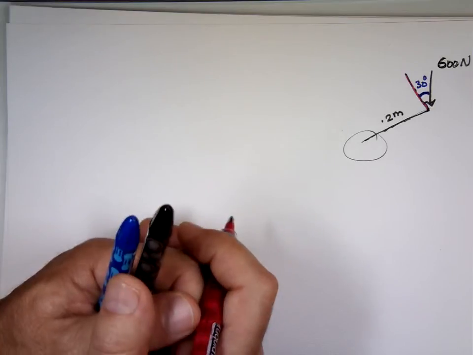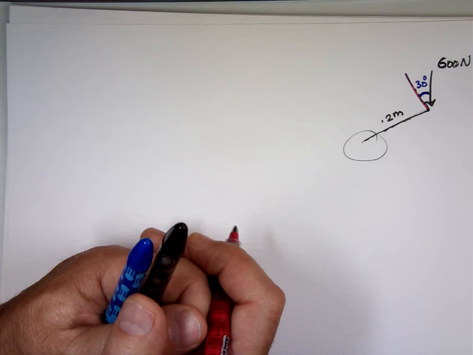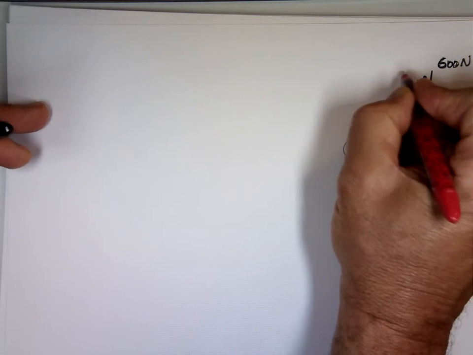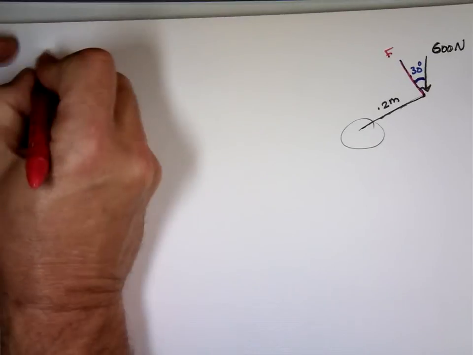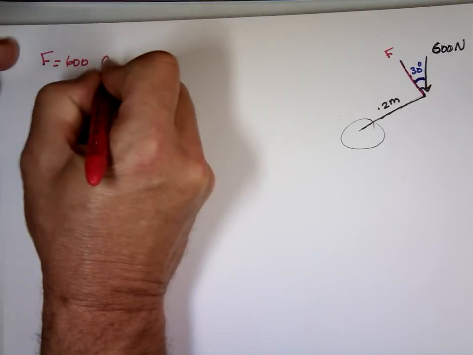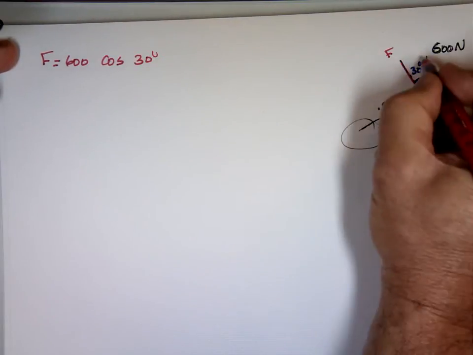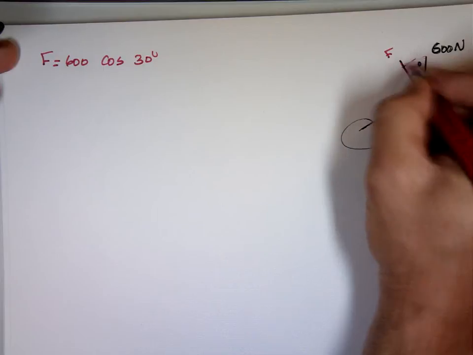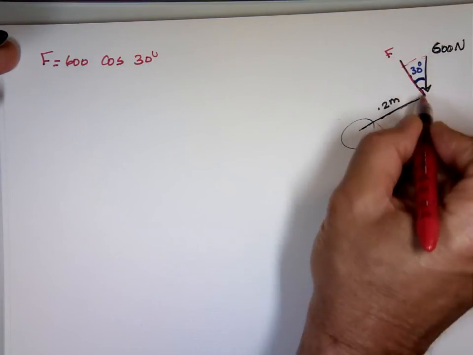And the adjacent is always going to be sine or cosine? Cosine. So in this case, that force here will be 600 Newton cosine 30 degrees, because that's the adjacent. Notice if you look at your triangle like this, that's the opposite. This is the adjacent. I'm looking for this value.